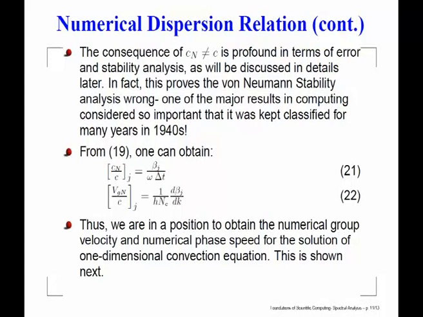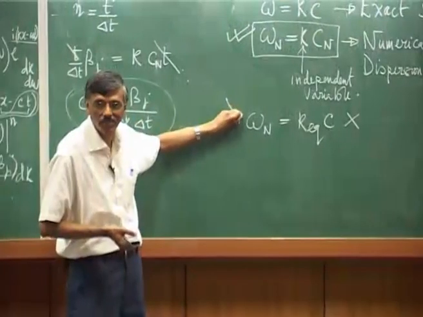During the Second World War, a group of people were in the Manhattan Project in New Mexico developing the atom bomb, and one of their main stalwart mathematicians helping them was von Neumann. Von Neumann developed an error analysis or stability analysis based on this assumption, a wrong one.